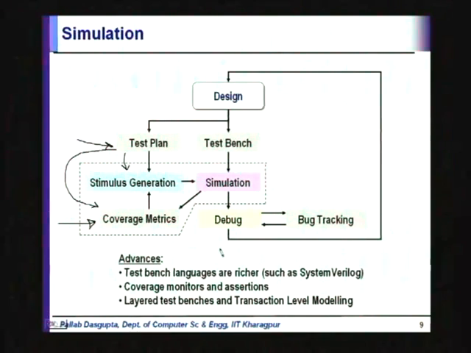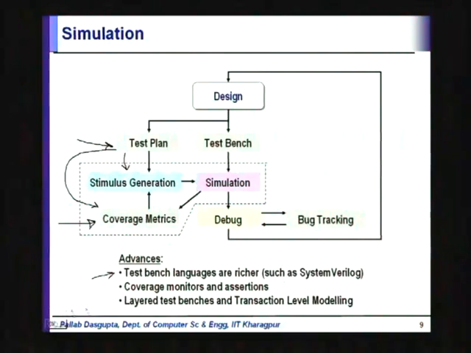Right. Now the advances that have taken place in recent times, as I said, is that test bench languages are richer. Languages like System Verilog, where you can do almost everything. It's almost a C-like language for developing your test bench. Like you can have fork join, you can have semaphores, okay, you can have multiple threads.